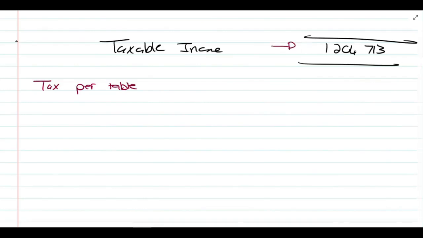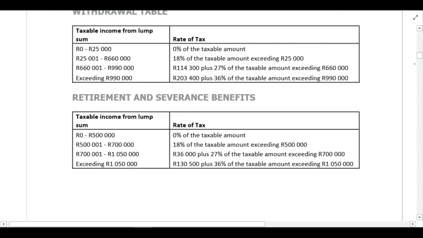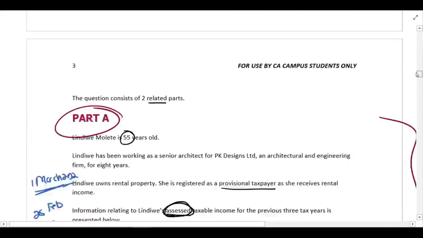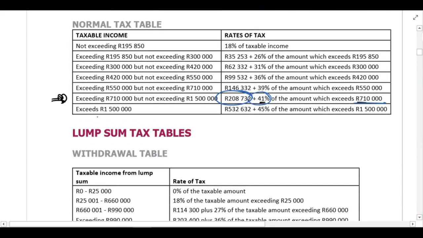Okay, so that's on that 1,204,713. So we go to our tax table. Okay, when I can eventually find it, here we go. So it's that 208,732 plus 41% of the amount which exceeds 710,000.